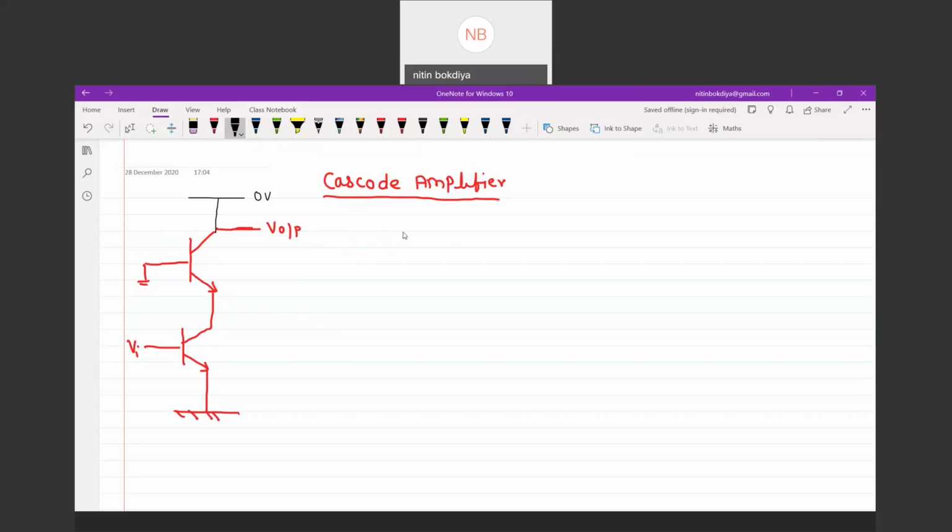Our intention is this: gm into Vi. Then we are looking for the new output resistance from this arrangement.